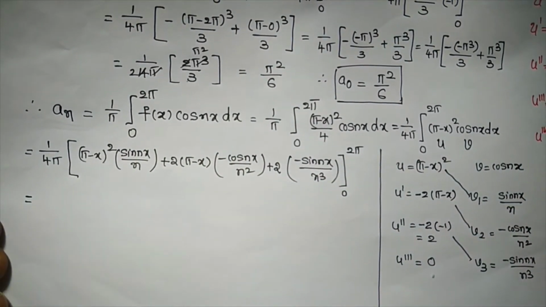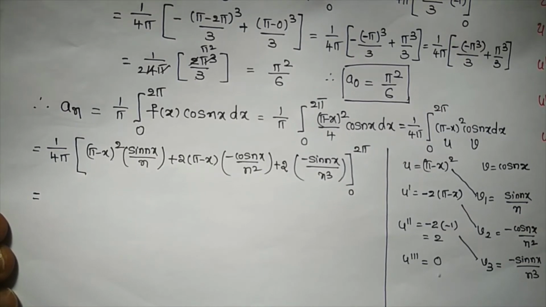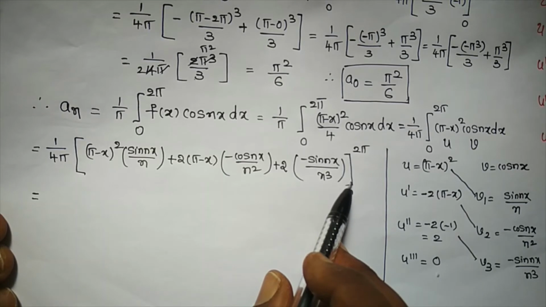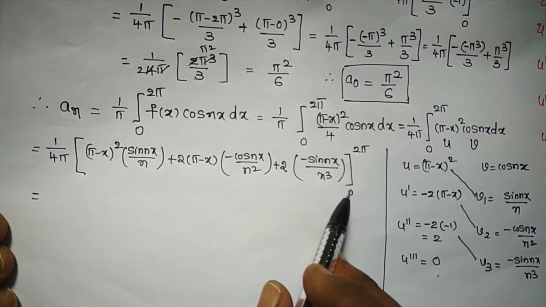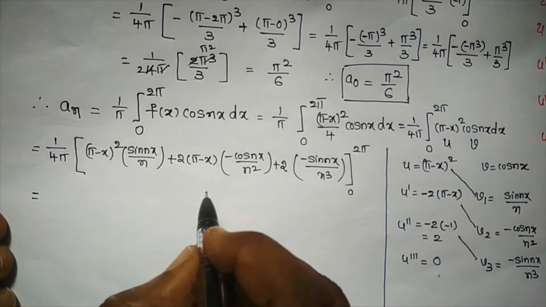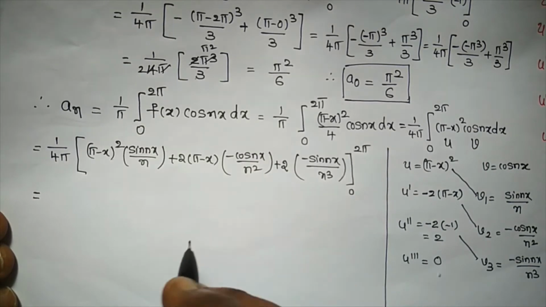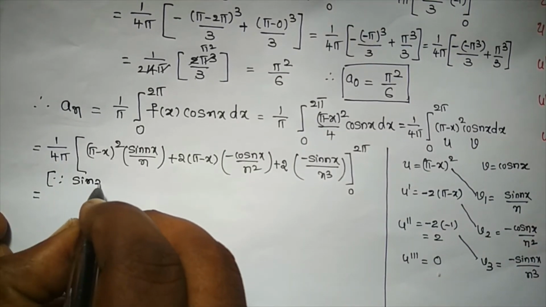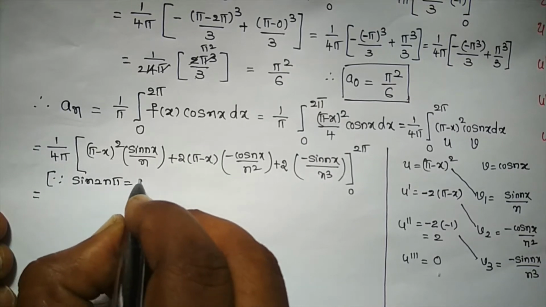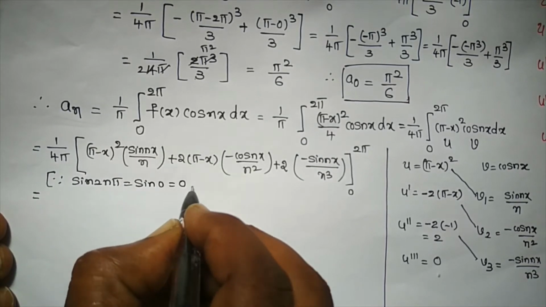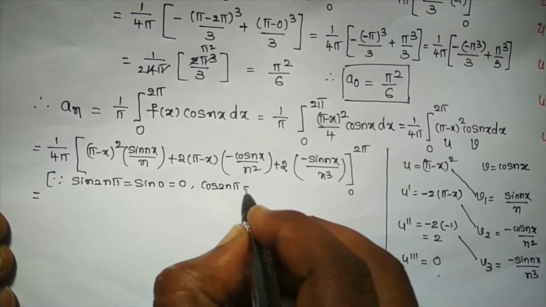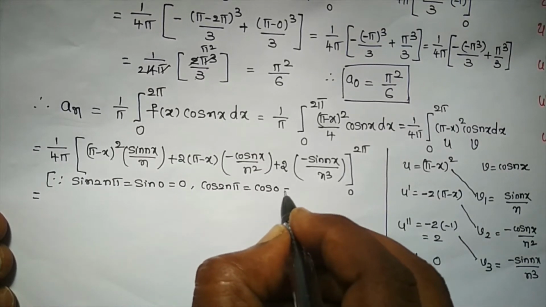So which is equal to, I think the first limit sin terms will be 0 with both limits. I can write the formulas here: sin 2n pi or sin 0 is 0, cos 2n pi, comma cos 0 is 1.